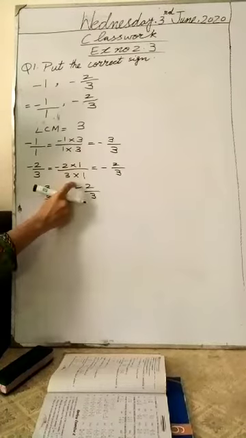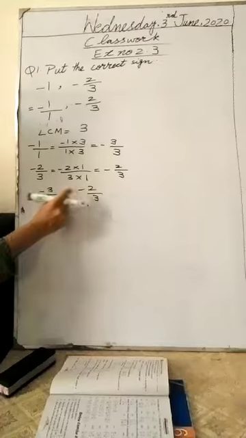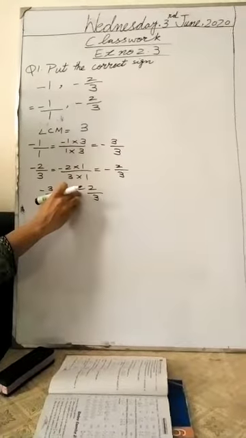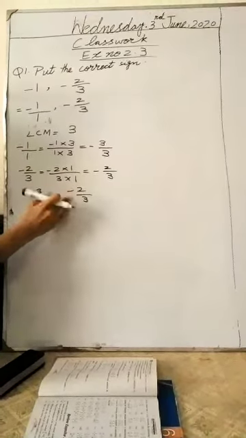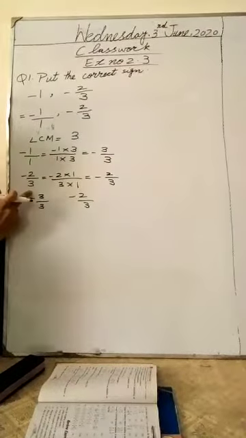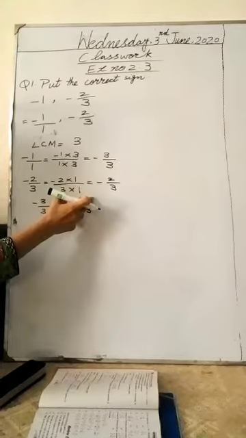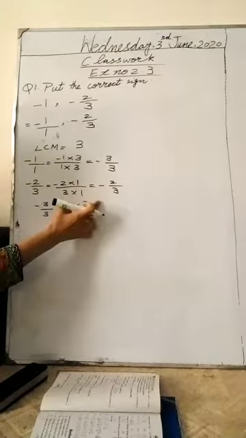Compare your numerators. Minus 3 is smaller than minus 2. If we have both minus values, the greater value with the minus sign is smaller than the small value.